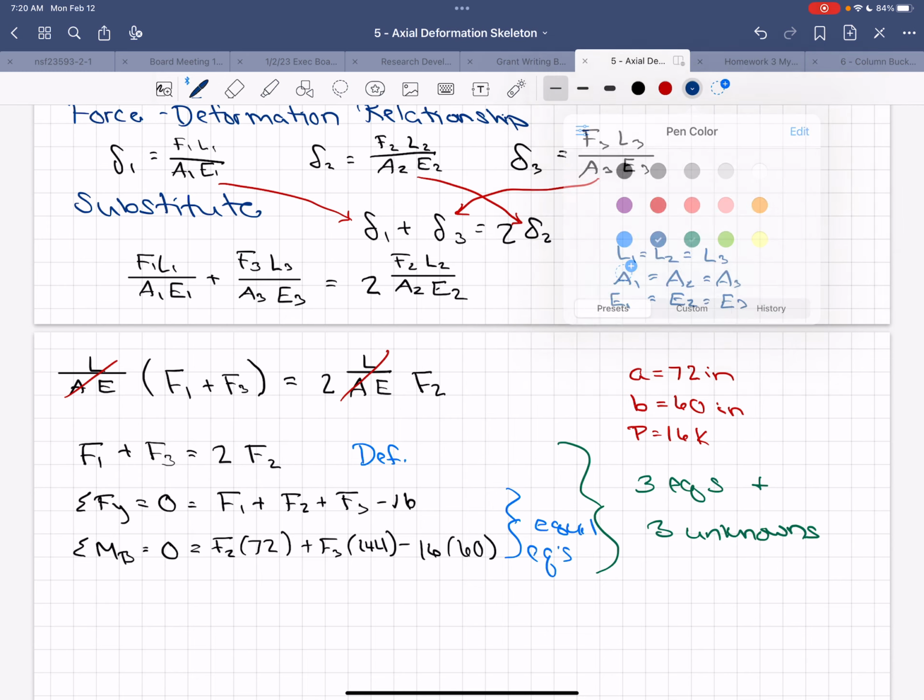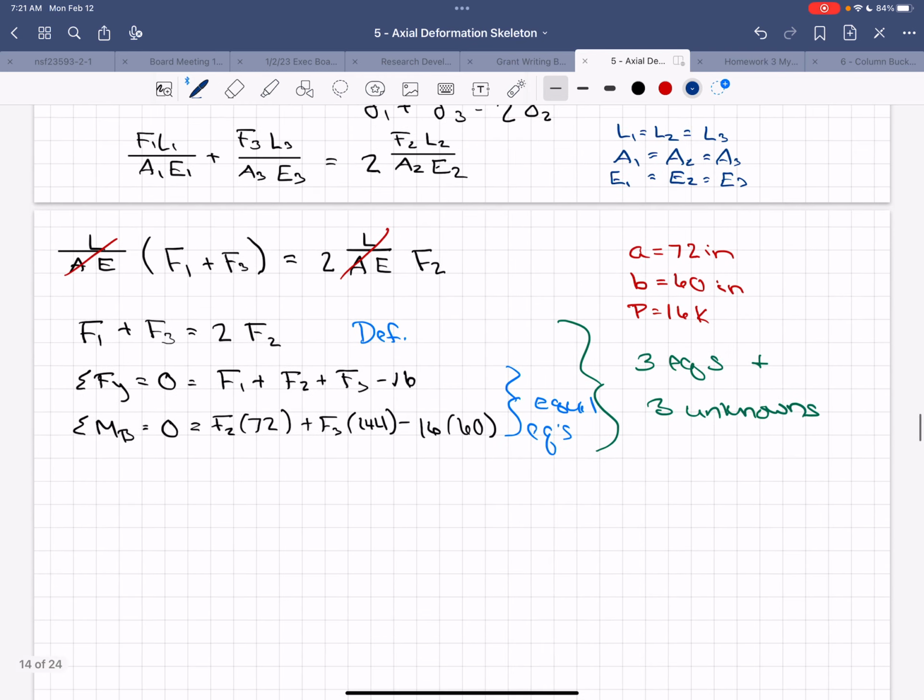But I will show you how to solve it by hand. But if you don't know how to use your calculator to solve a system of equations, talk to me, talk to Ryan, or talk to Andrew, or anyone in the Learning Center can help you with this, because we all support it.